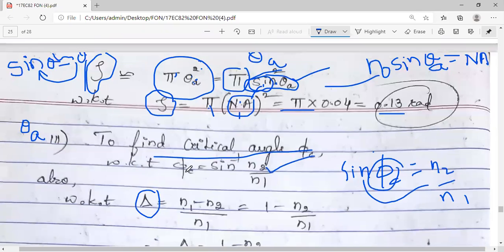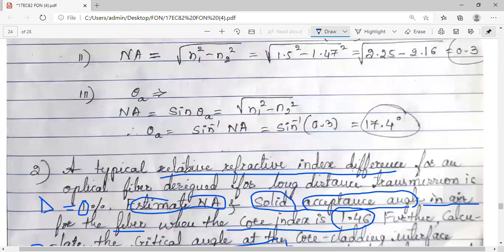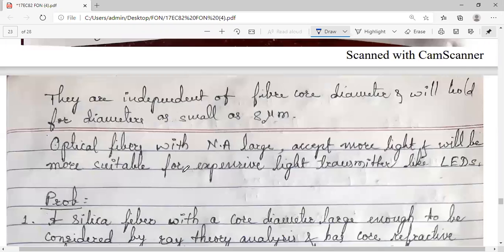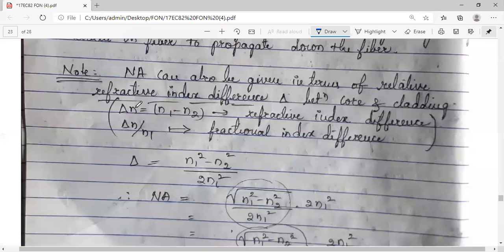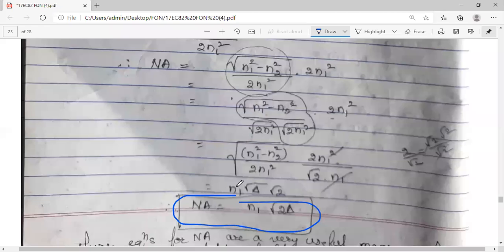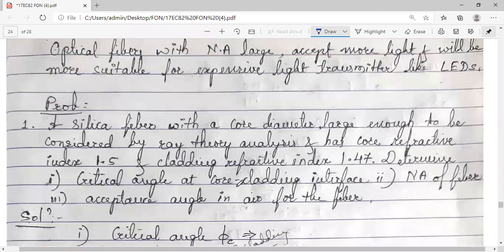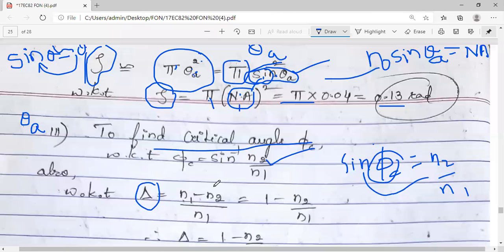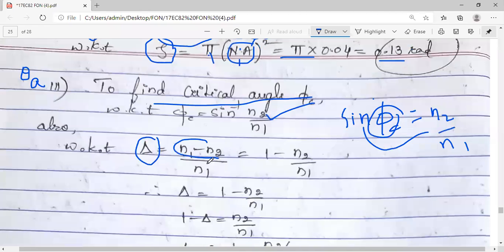And we also know that this delta is given by, as a note I had given, delta is given by n1 minus n2 divided by n1, that is core refractive index. I missed n1, I have written n only there. It has to be n1. Delta is equal to this much.